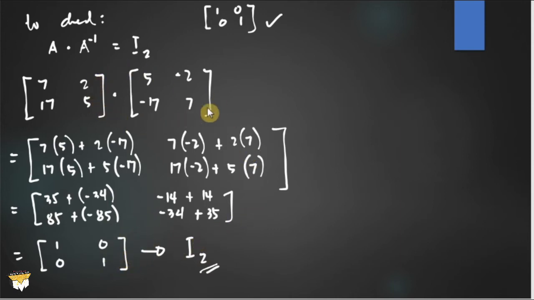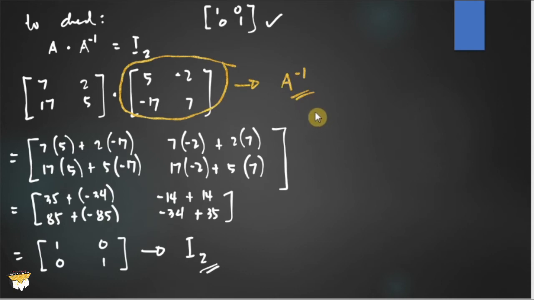Therefore, yung inverse natin, which is 5, negative 2, negative 17, and 7 is correct. This is actually the inverse of matrix A. Okay, so na-check natin yun, that is correct.